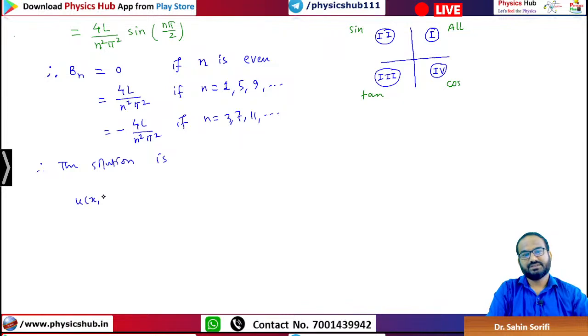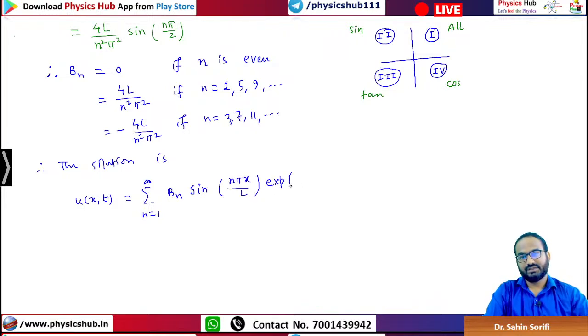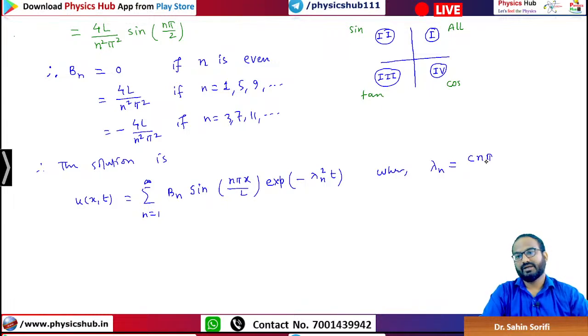And hence the solution is u of x, t. So in the u of x, t, what do you require? Sum over n equals to 1 to infinity of Bn sin n pi x by L exponential minus lambda n square into t, where lambda n is equals to c n pi by L. This was the solution, right?